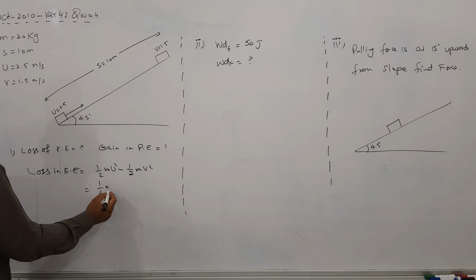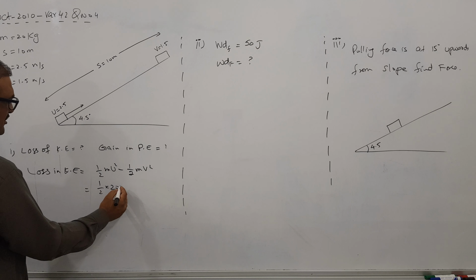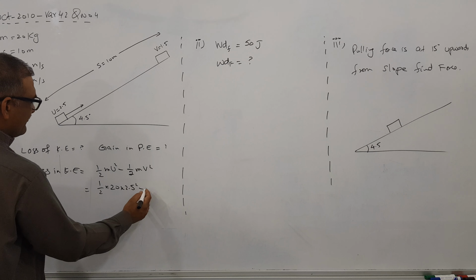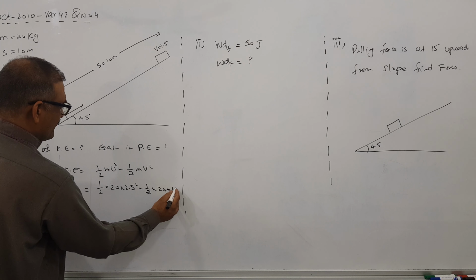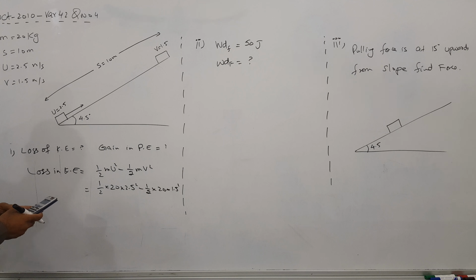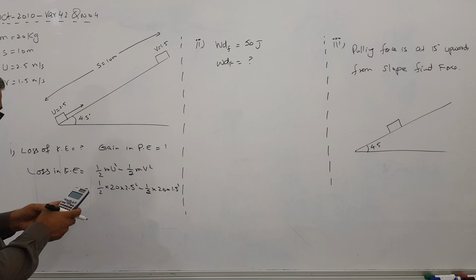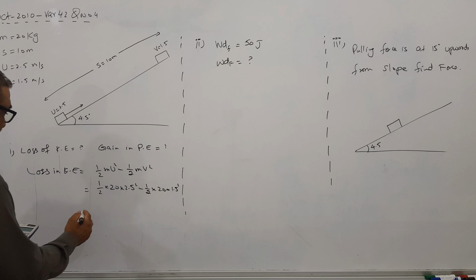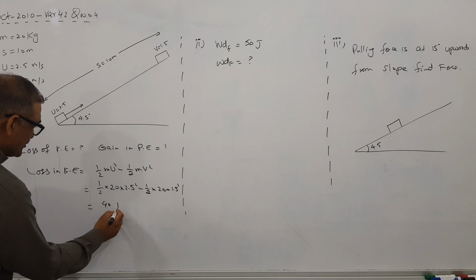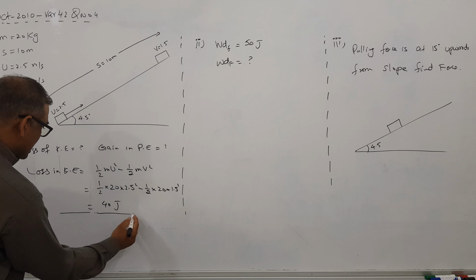Half into mass, which is 20, u is 2.5, and mass again 20 and v is 1.5. So half into 20 into (2.5 squared minus 1.5 squared) gives the answer 40. So 40 joules is our first part answer.